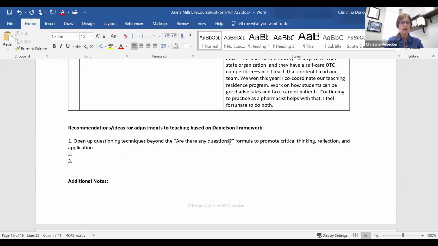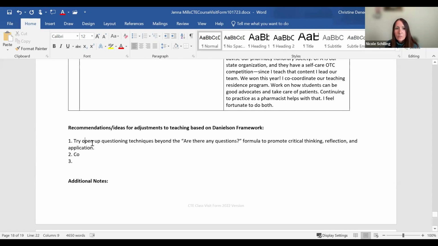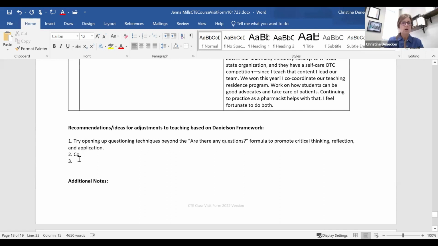Also, we are going to say, I'm going to use this, try. Good, because we are here to not create demands upon people, but provide suggestions, right? Consider integrating some think, pair, share opportunities during the quiz.